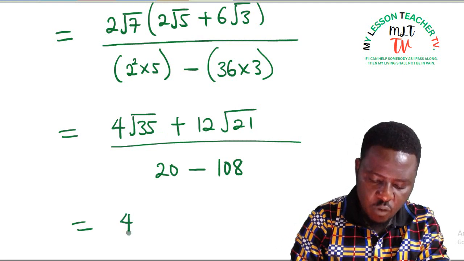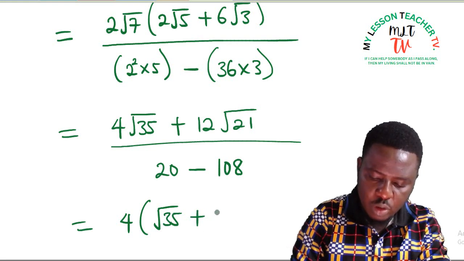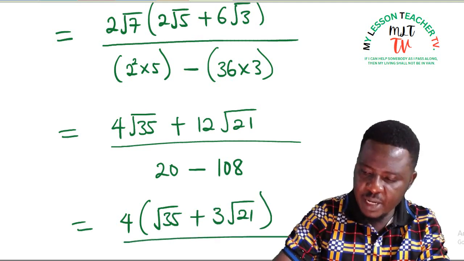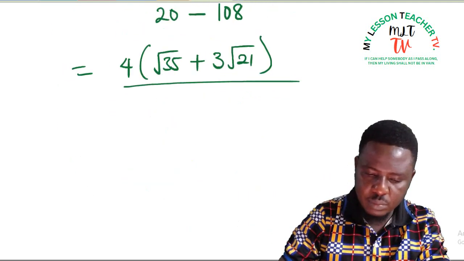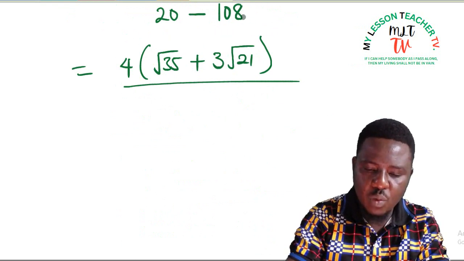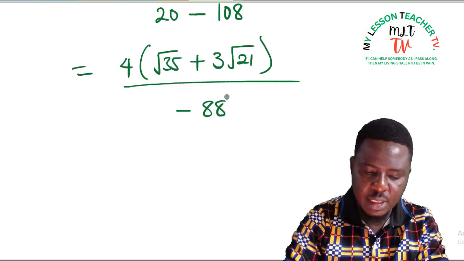This becomes 4 into root 35 plus 3 root 21 divided by 20 minus 108 is said to be minus 88.